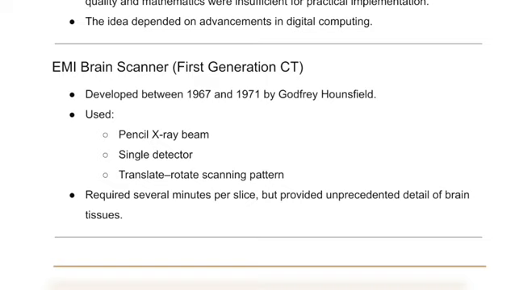It was developed between 1967 and 1971 by Godfrey Hounsfield. It used a pencil X-ray beam, a single detector, and a translate-rotate scanning pattern. It required several minutes per slice, but it provided unprecedented detail of the brain tissues.